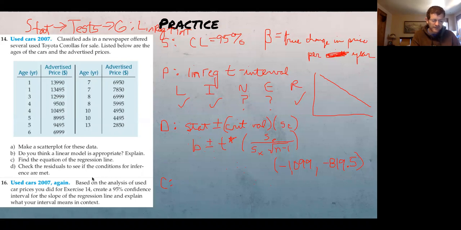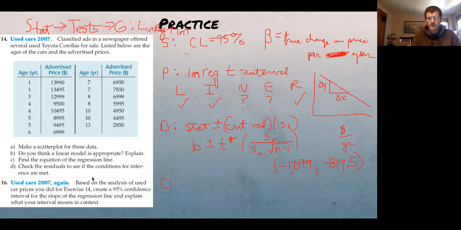What we can think about is the fact that slope represents a change in Y over a change in X. In this case, it's going to be dollars per year. Those are our units.